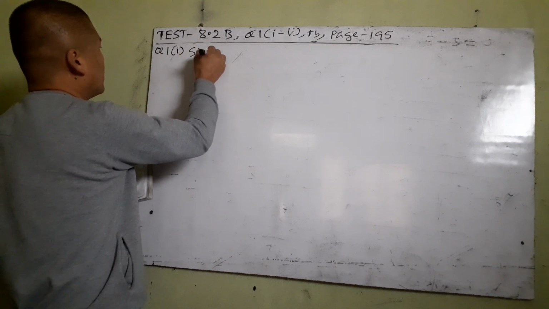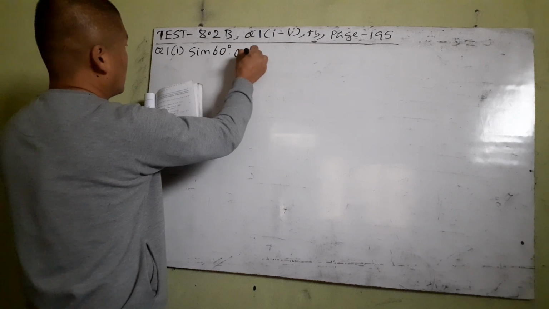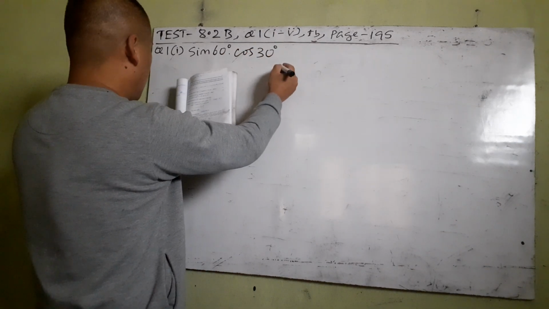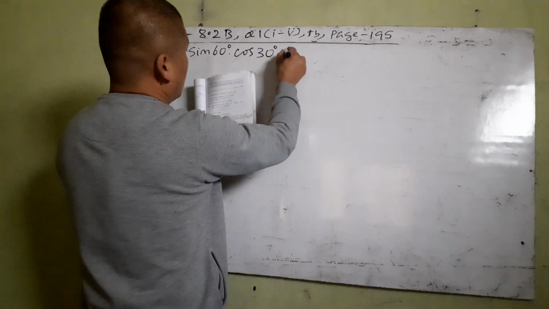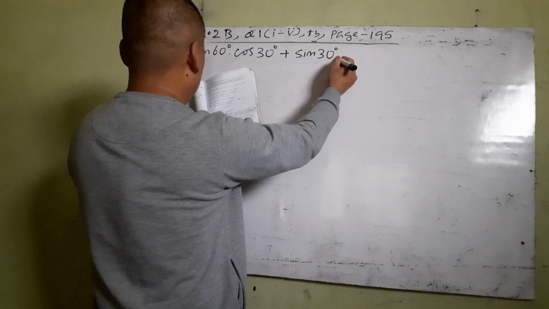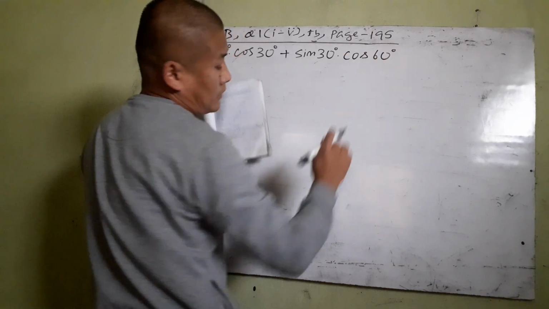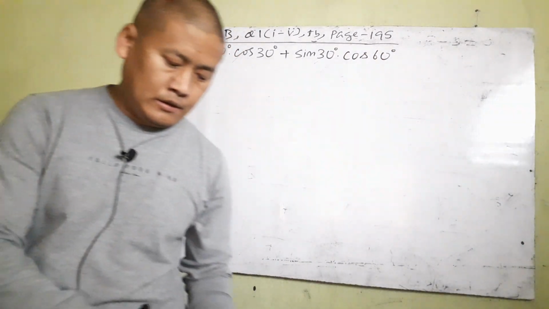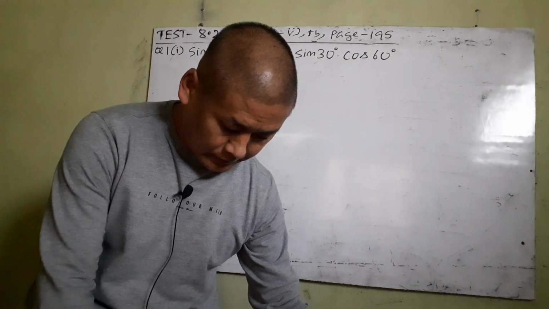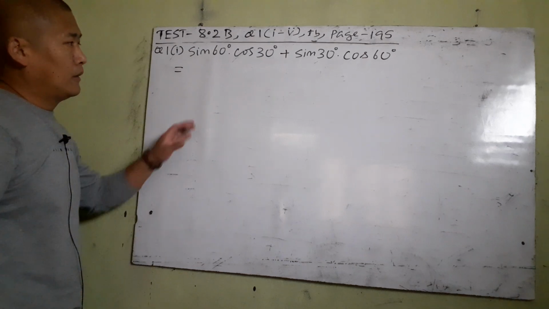sine 60 degree into cos 30 degree plus sine 30 degree into cos 60 degree. Okay. So once we have written the question correctly, we have to put the right values in the right places.